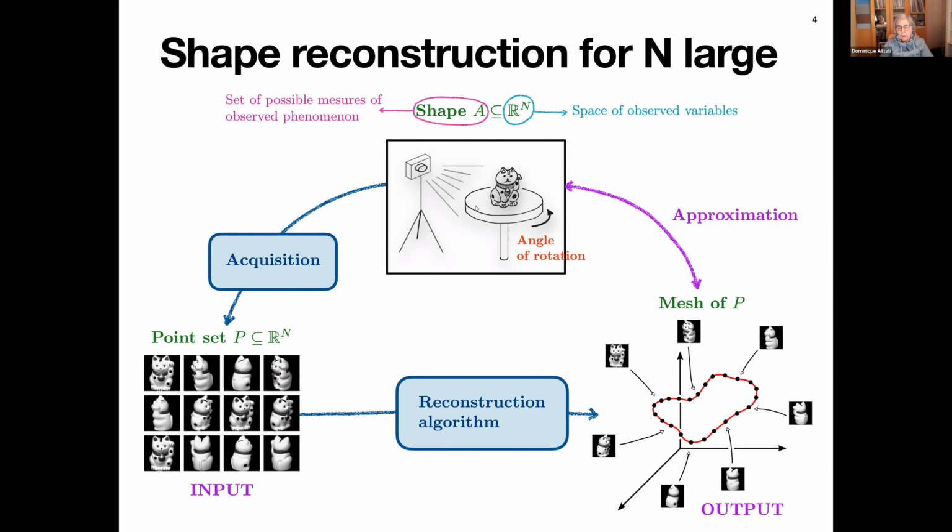It's typical that the degree of freedom of the phenomenon you're observing is much less than the number of observed variables. In that case, you would expect the images to lie on a curve, which reflects the fact that there's only 1 degree of freedom in your system, which is the angle of rotation.